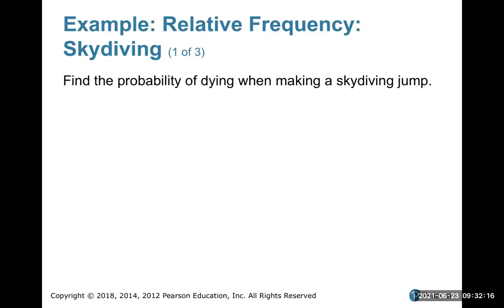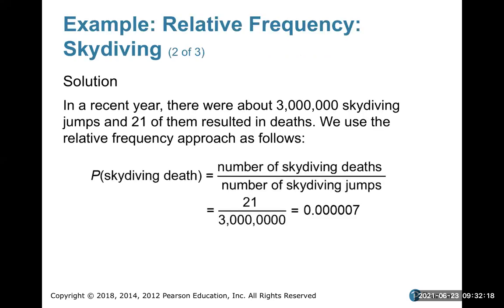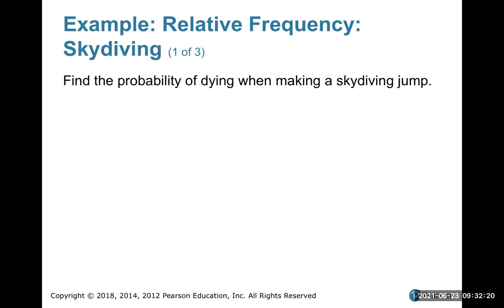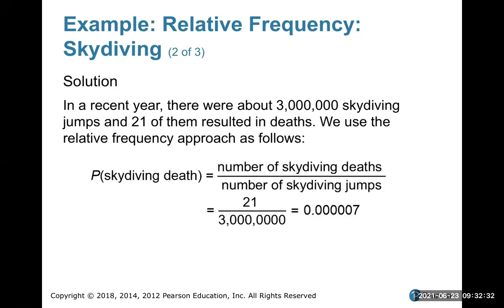Let's just look at the example of skydiving. Find the probability of dying when making a skydiving jump. In a recent year, there were about 3 million skydiving jumps and 21 of them resulted in deaths.